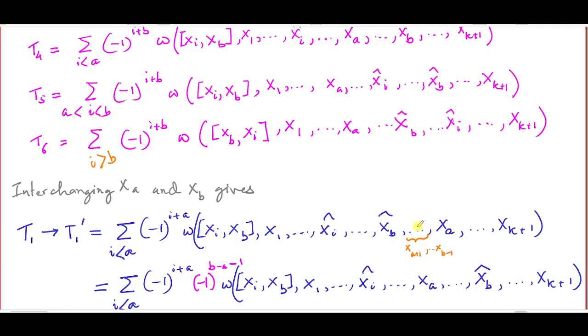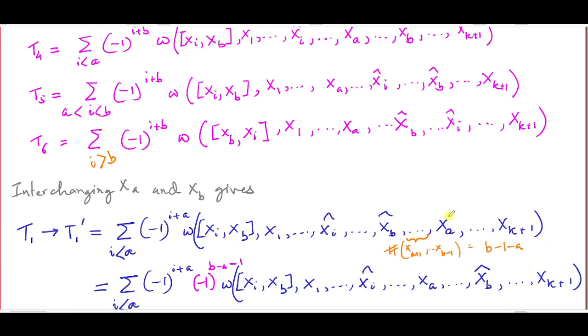Now, between this point and this point, you have xa plus 1, xa plus 2 and so on up to xb minus 1. These are the vector fields sitting here. So once again, the total number of these vector fields is b minus 1 minus a.